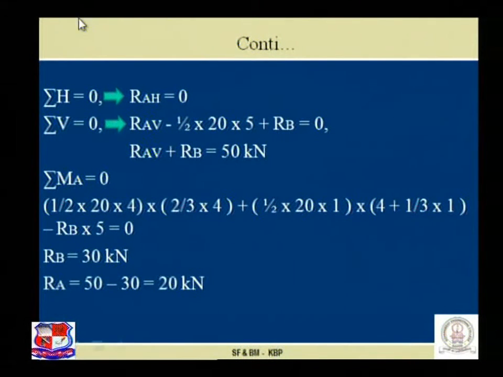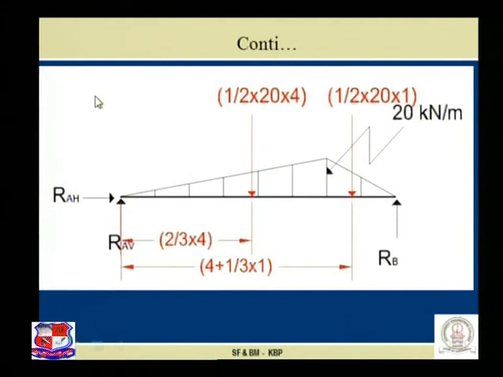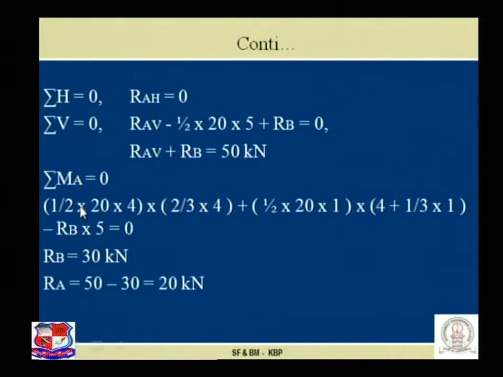Yes, step number 1, sigma H is equal to 0. Refer to the previous figure. No horizontal force is acting throughout the system, hence we apply sigma H is equal to 0. RAH obviously comes as 0. Let us use the second condition, sigma V is equal to 0.